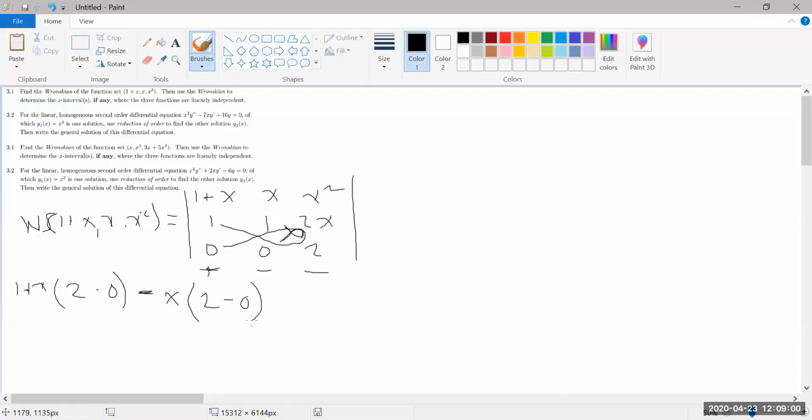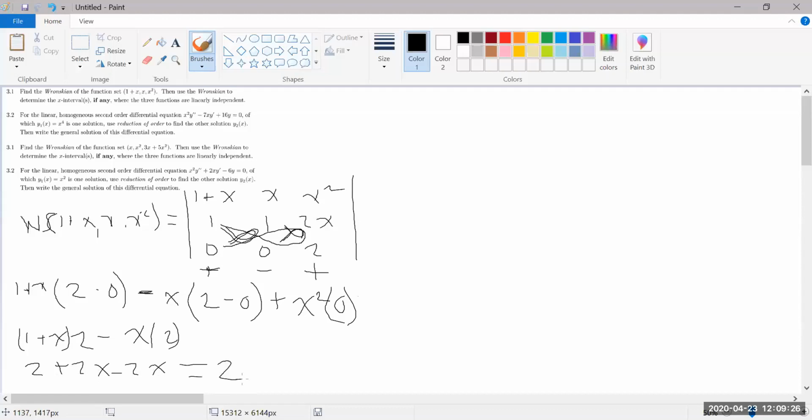And now our last term plus x squared, which is going to be these guys here, but that just goes to 0. So we have 1 plus x times 2 minus x times 2. So we have 2 plus 2x minus 2x equals 2.